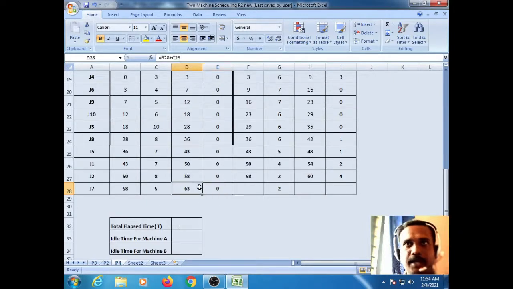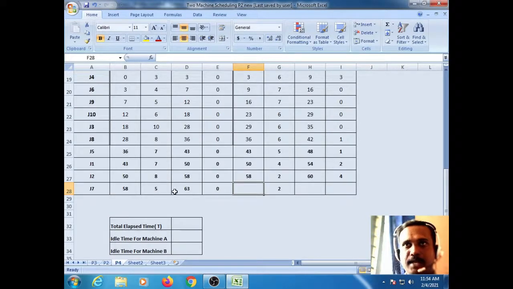At the 63rd hour we have completed processing job 7 on machine A. And next, what is the in time here? How will we calculate it?